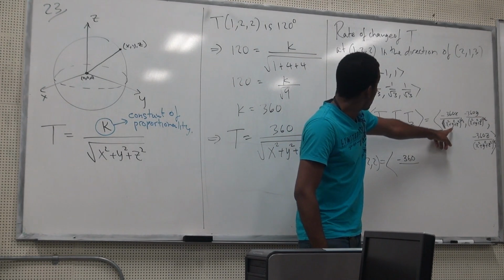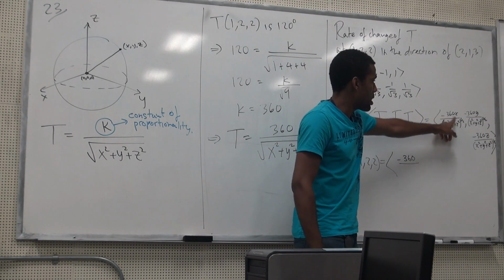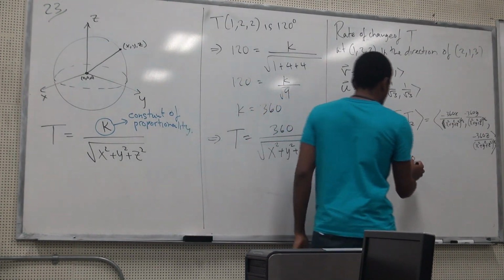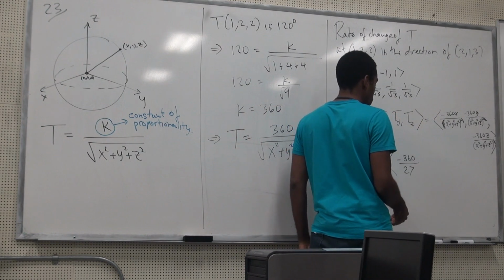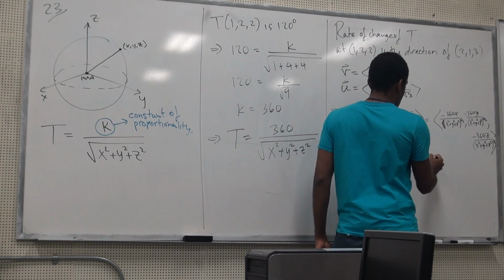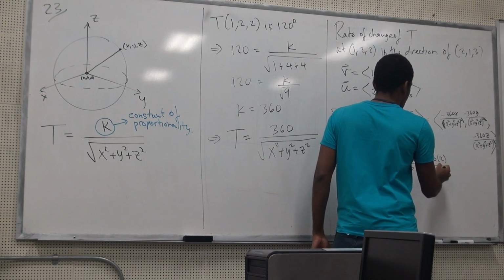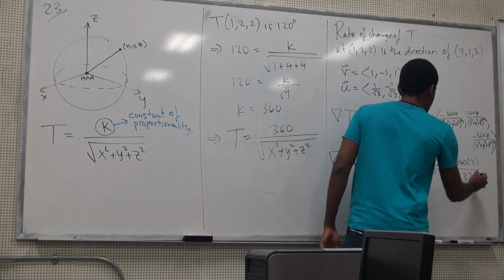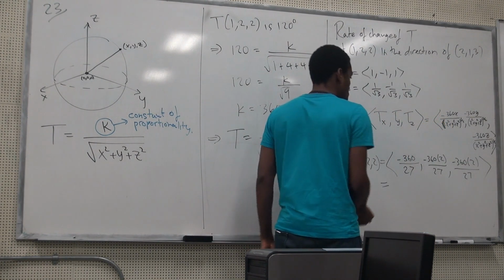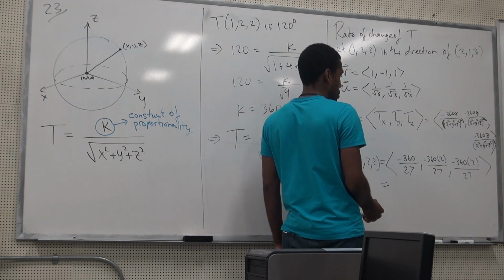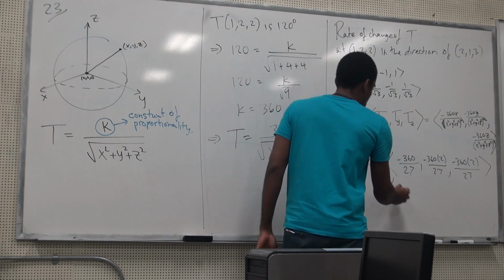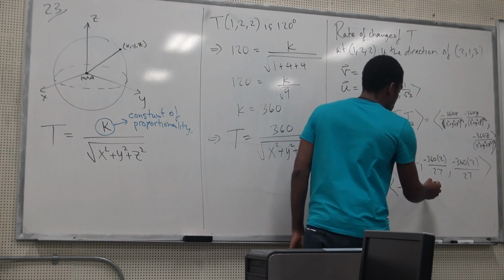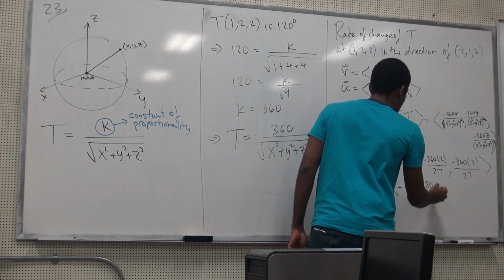You're plugging in x is 1, y is 2, z is 2, so you get 9 to the 3 halves, which is 3 cubed, 27. So this is minus 360 times 1 over 27, and 27 goes into 360 as a fraction, negative 40 over 3. So this one would be negative 80 over 3.